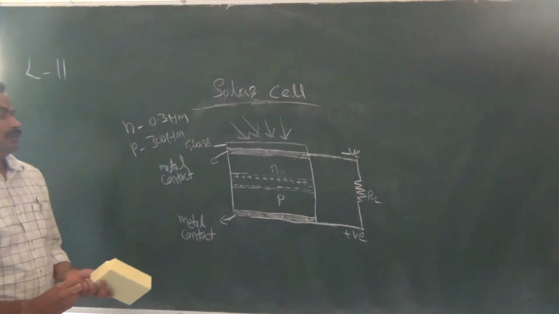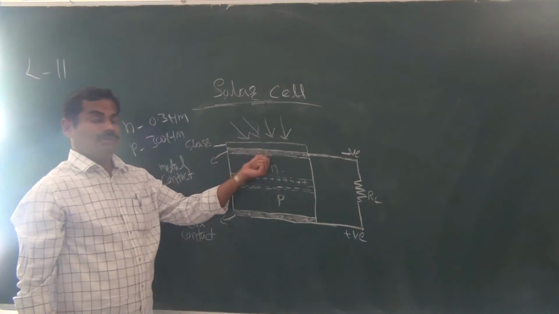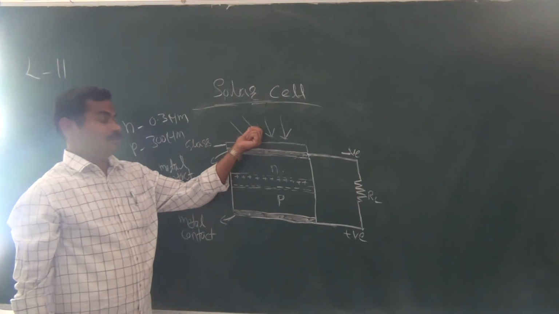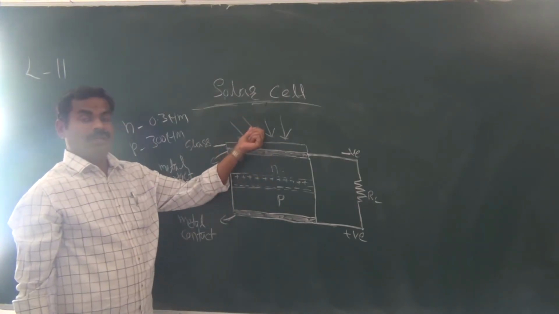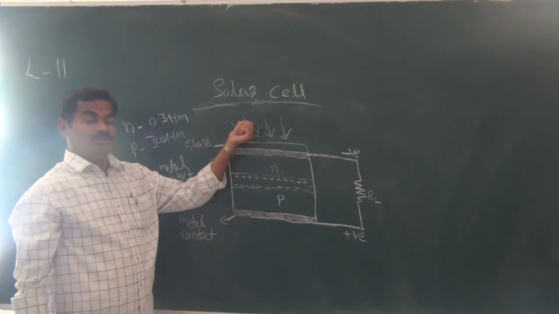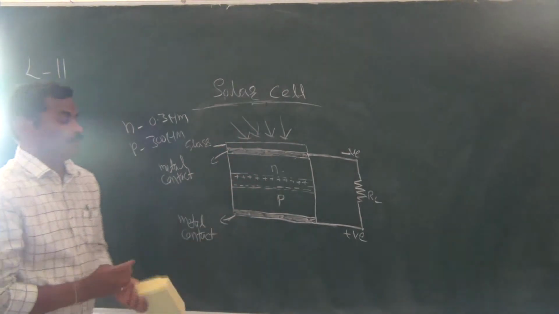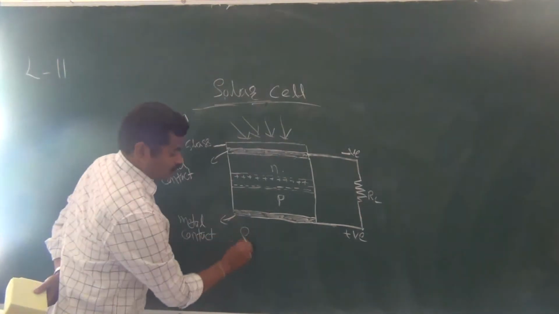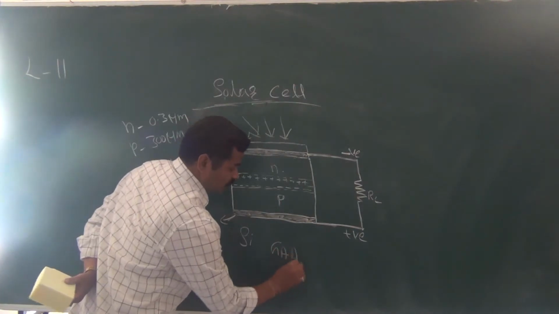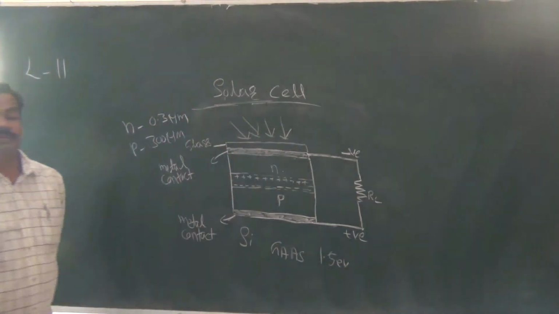Then, as the light rays are incident, as in our photodiode, whenever solar radiation is incident on the solar cell, especially since in general you are using silicon, but ideally you can use gallium arsenide, because we want the Eg to be 1.5 electron volts.